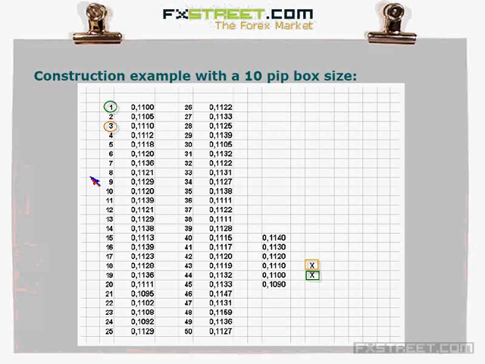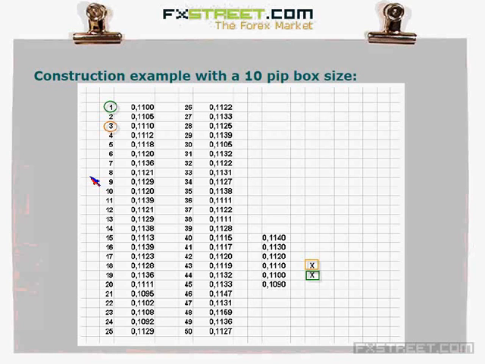It depends on the nature of the pair, on its volatility, and also what kind of price action you want to filter out and to record on your chart. We'll come to that point later on, and we'll see different examples.